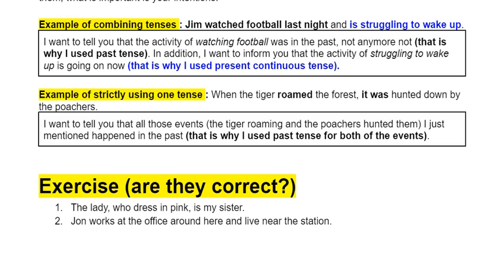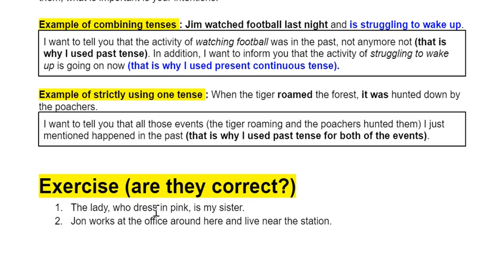Okay, so now I'll share the answer to number one. The lady who dressed in pink is my sister. How many ladies? There's only one lady. Who dressed in pink? The lady. So if there's only one person or one subject, the action verb needs to be added with s or es.